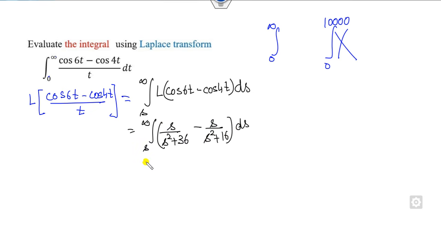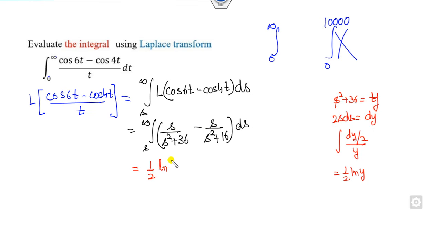So what is the integration of this? If I take s square plus 36 as y, then 2s ds will be dy. So this first integration will be dy over 2 divided by y, so that is half ln of y. I can simply say half ln of s square plus 36.